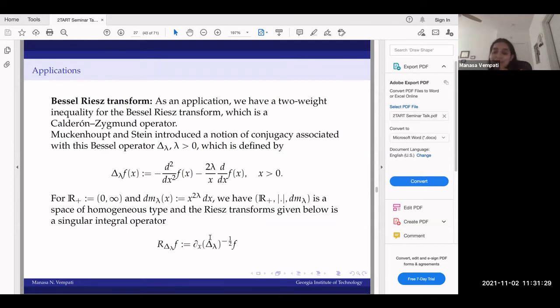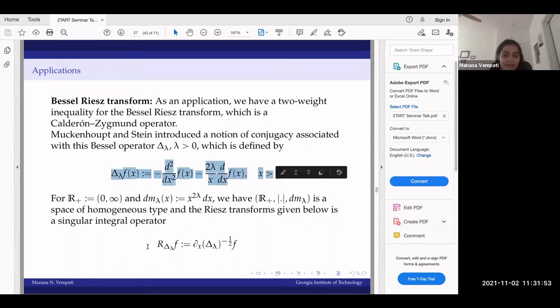So one example that is a major application for our proof is the two-weight inequality for the Bessel-Riesz transform. Now, Muckenhoupt and Stein introduced a notion of conjugacy associated to the Bessel operator, delta lambda, for lambda greater than 0, which is given by this function that you see here.